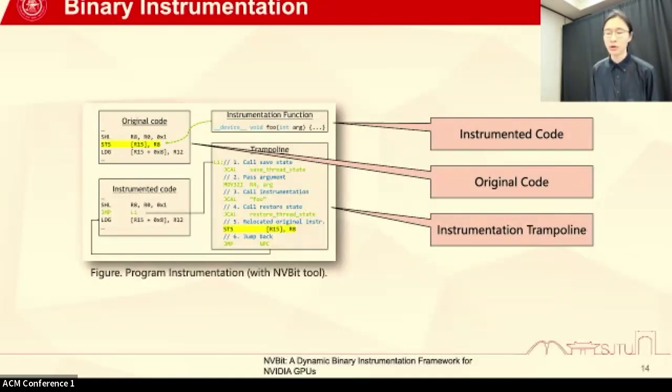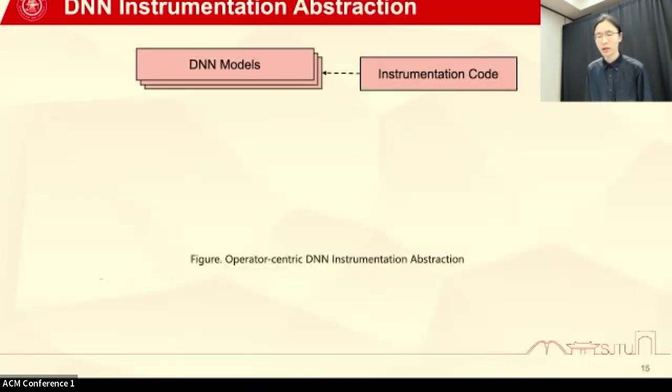At the left upper corner, we have the original code, and at the right upper corner, we have the instrumented code. So there are some instrumentation trampolines built by the instrumentation framework to instrument the code to the original program. And in our abstraction, the ideal case is we want to apply the instrumented code to the DNN models.